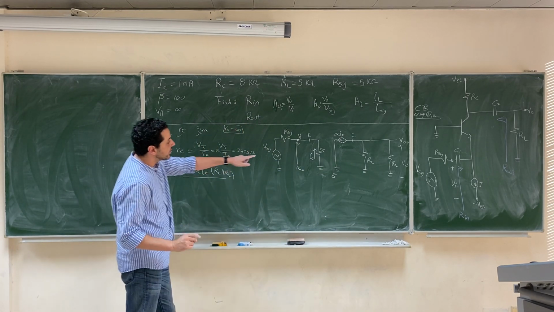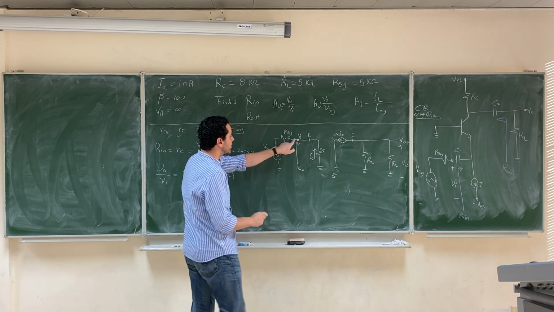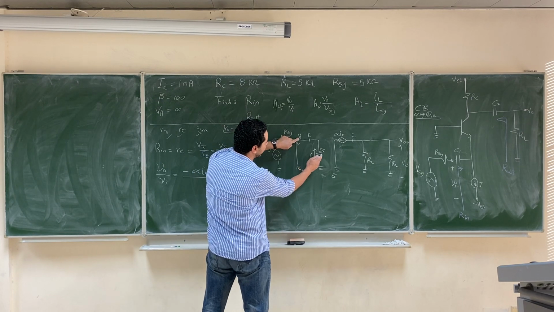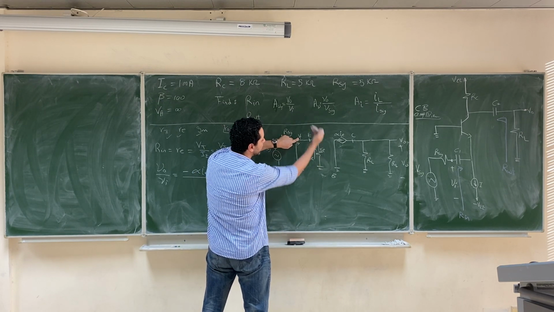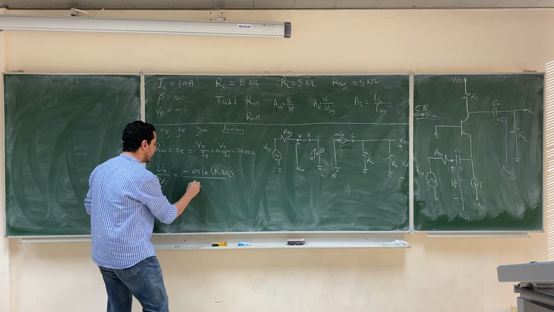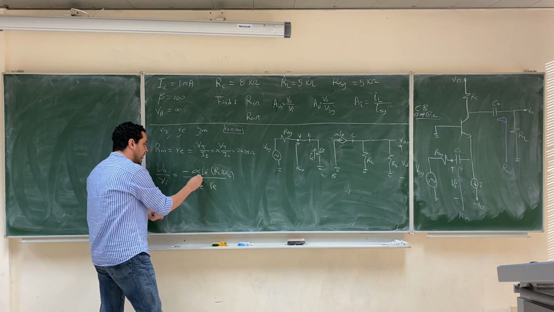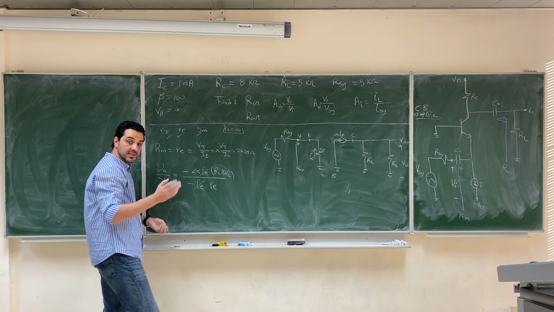Now, let's look at V input. V input also can be written in terms of IE. We can say that V input equals IE RE. But IE is going up, so it will be negative IE RE. Now, the current IE will cancel with the current IE, and this is important.